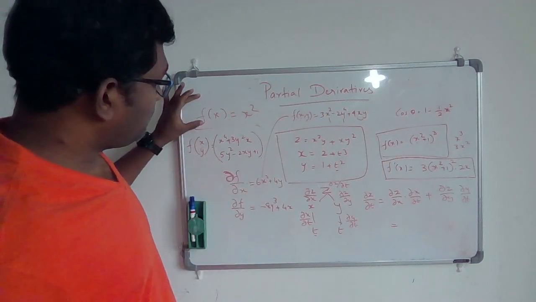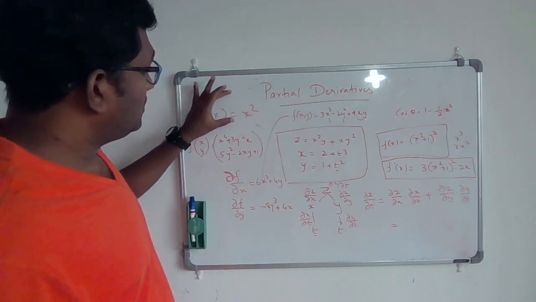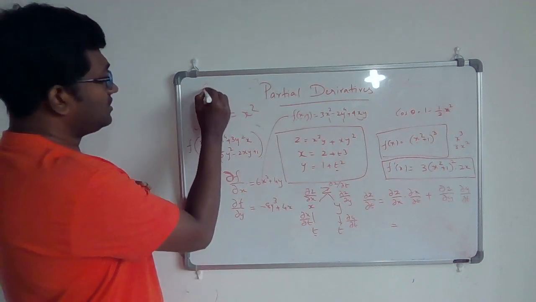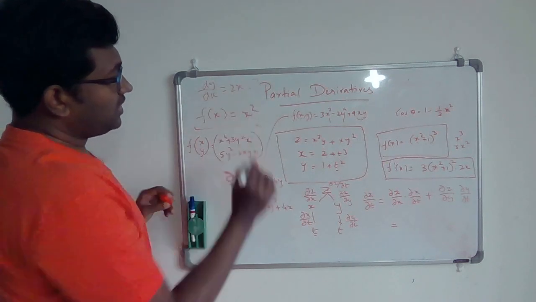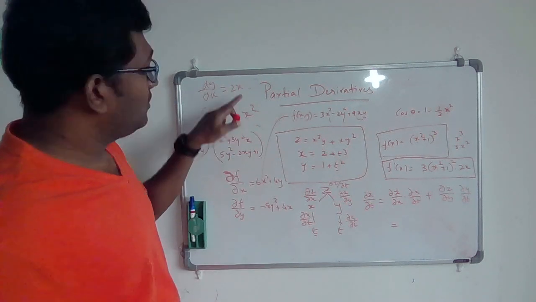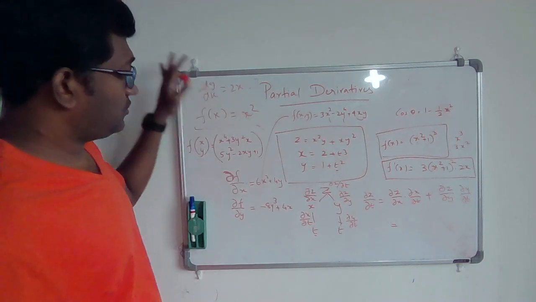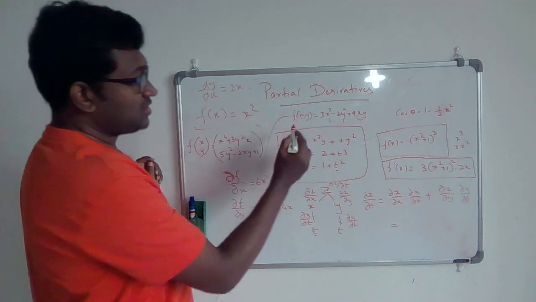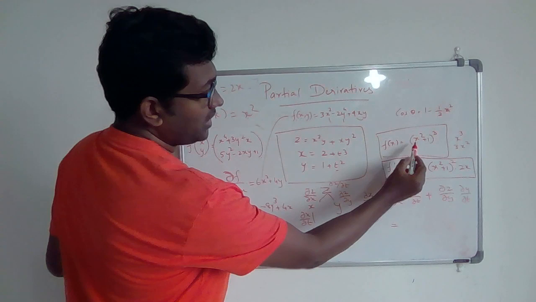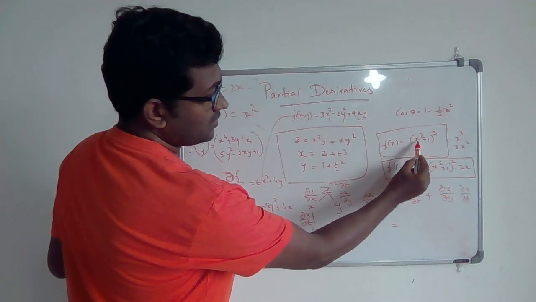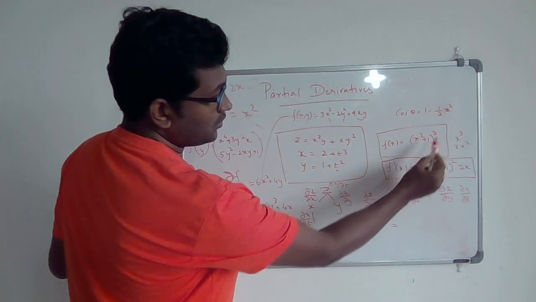We started off with a simple function f of x is equal to x squared. The derivative was straightforward, that is dy by dx is equal to 2x. Because it varies on just one single variable, we got the output 2x, no issues. Now we move on to a more complex function, x squared plus 1 the whole cube.